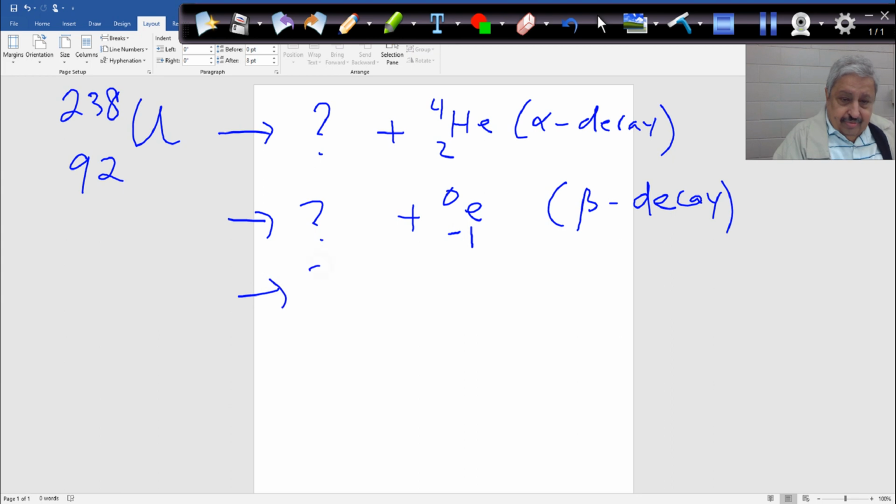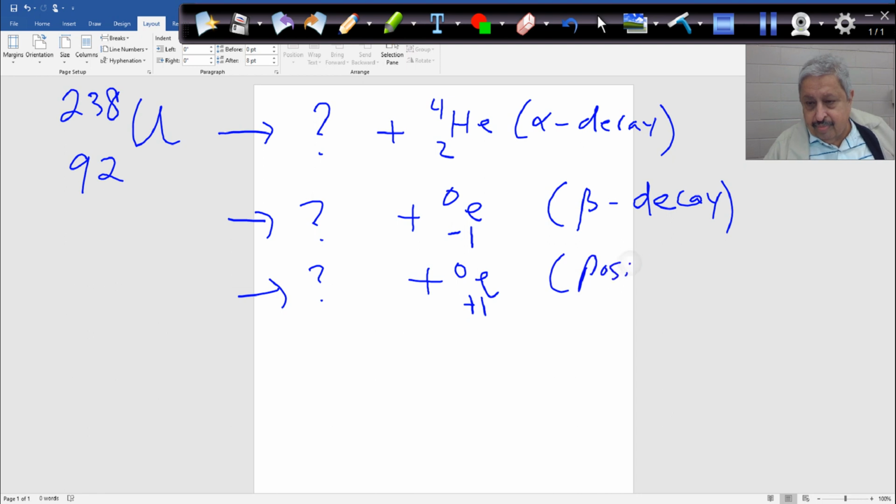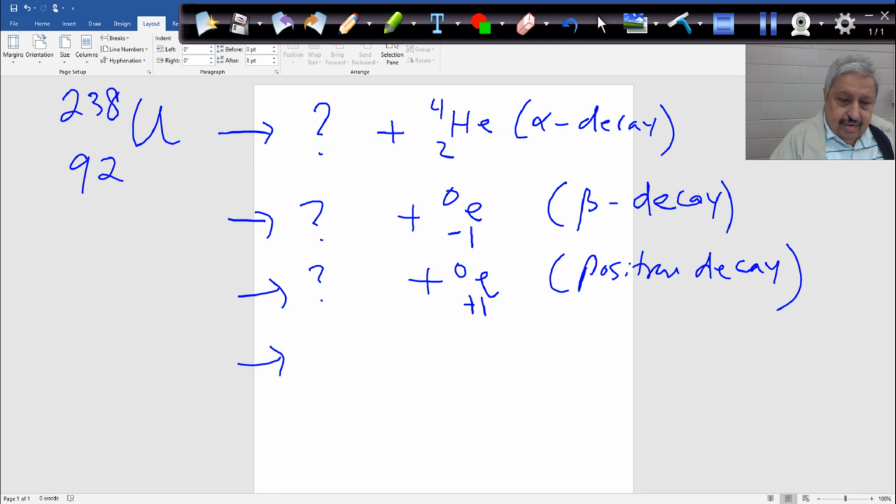Number 3, we have positron. We have alpha, beta, gamma, and we have neutrons.